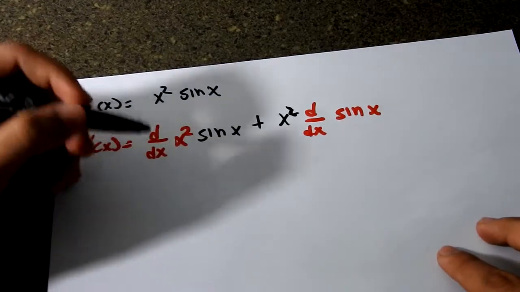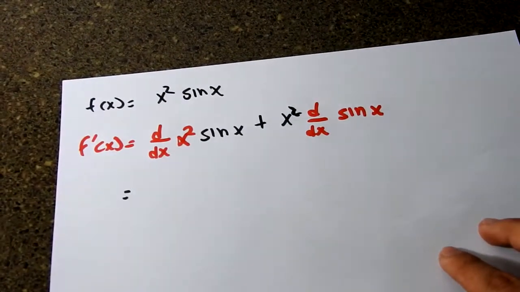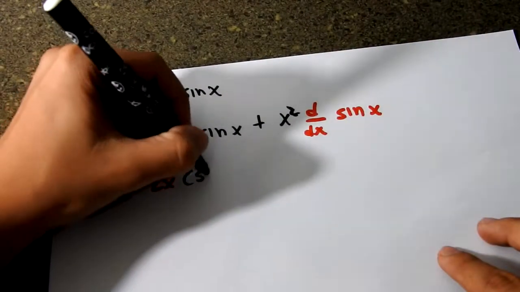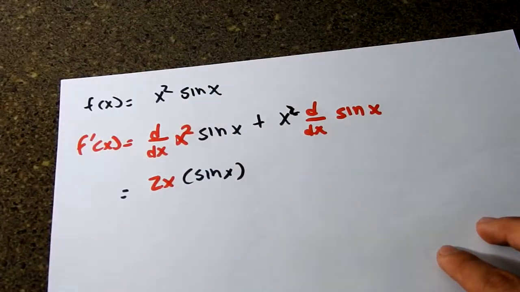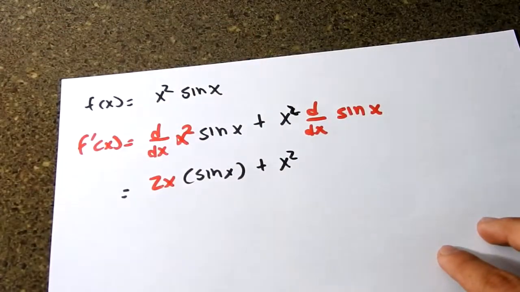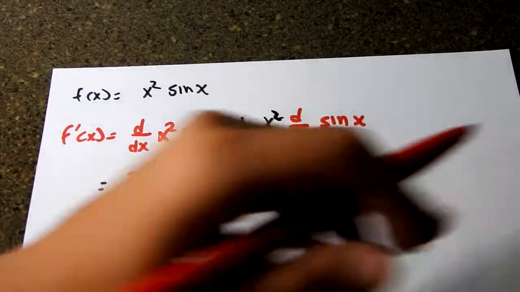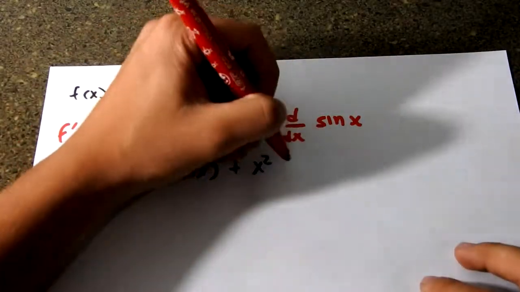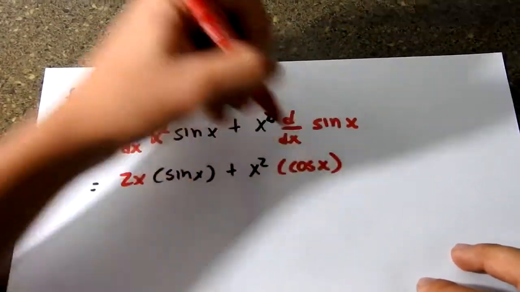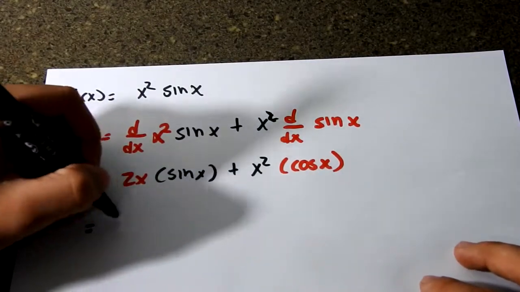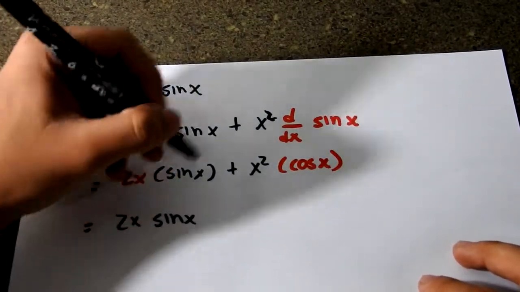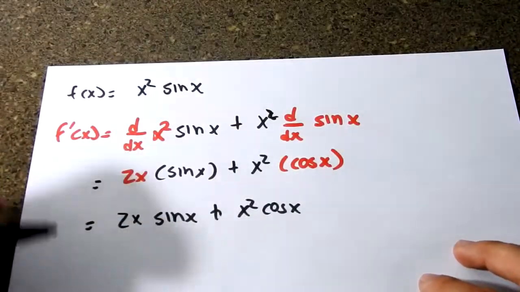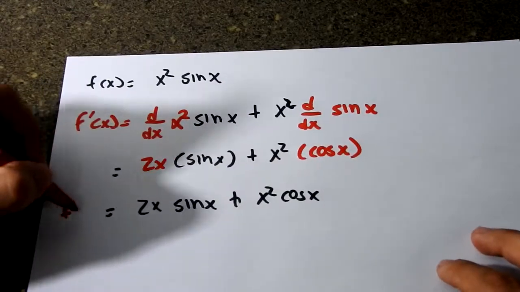So now we know derivative of x squared is going to be 2x times sine x plus x squared times derivative of sine x. We know in our table, derivative sine x, cosine x. So we're going to have cosine x. So now we have 2x sine x plus x squared cosine x. And this is the derivative of this specific function.